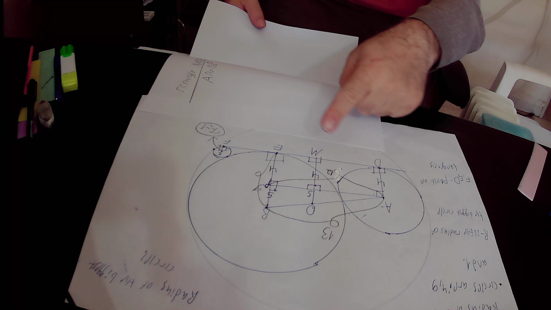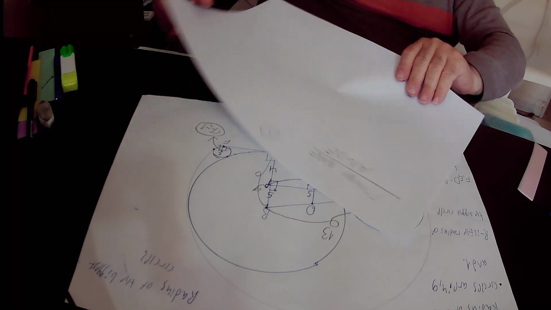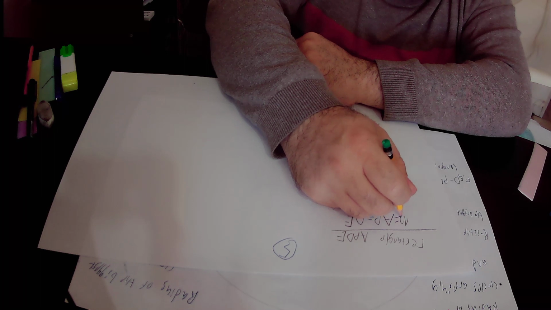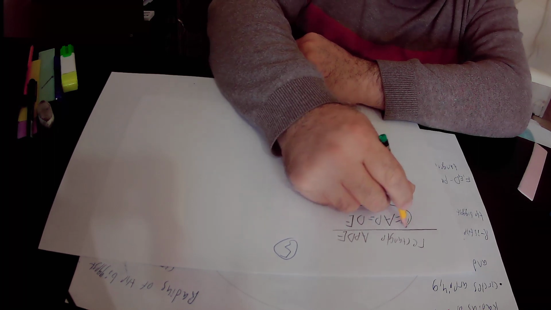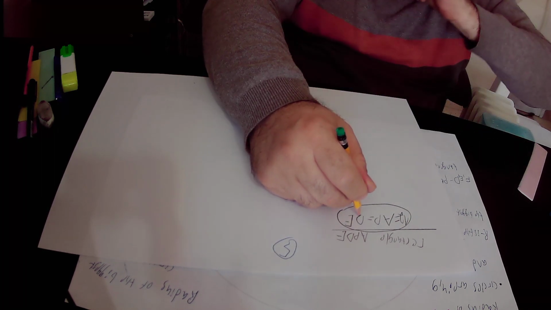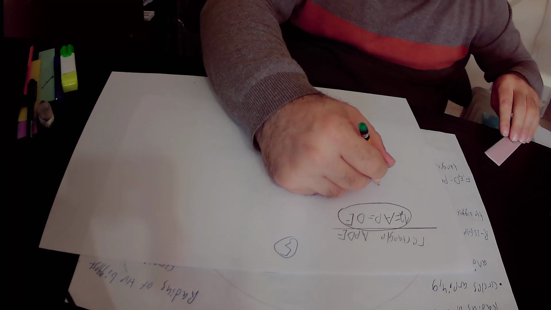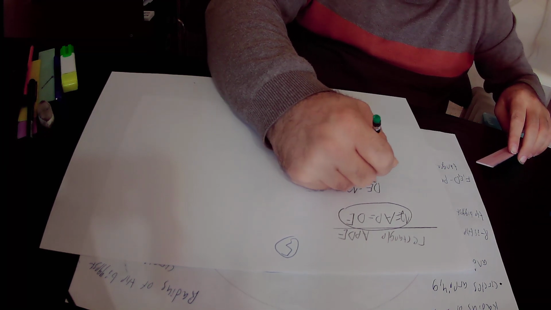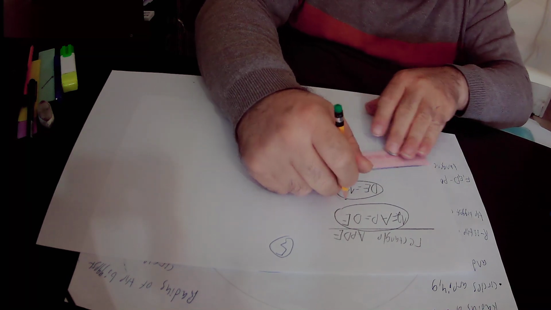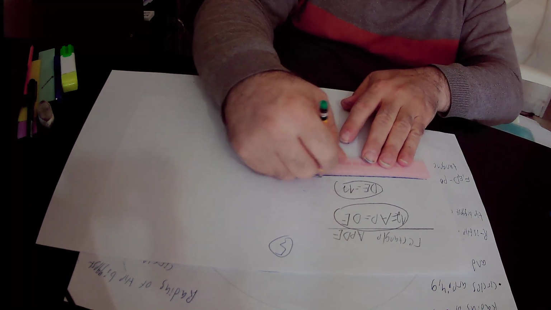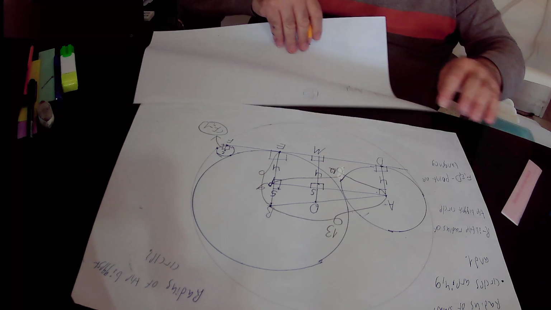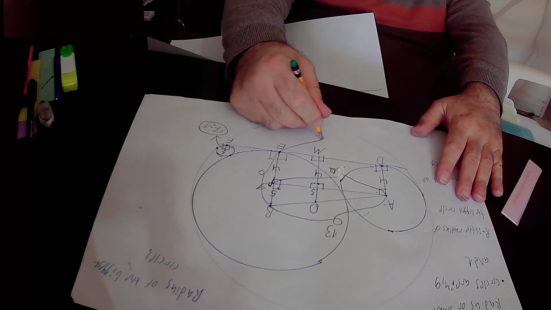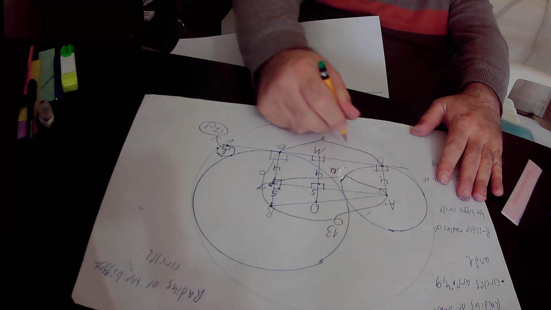But we just found out that AP equals 12 units. So from this equation, 12 equals AP equals DE, we conclude that DE is also equal to 12 units. So we can write here that segment DE is equal to 12 units.